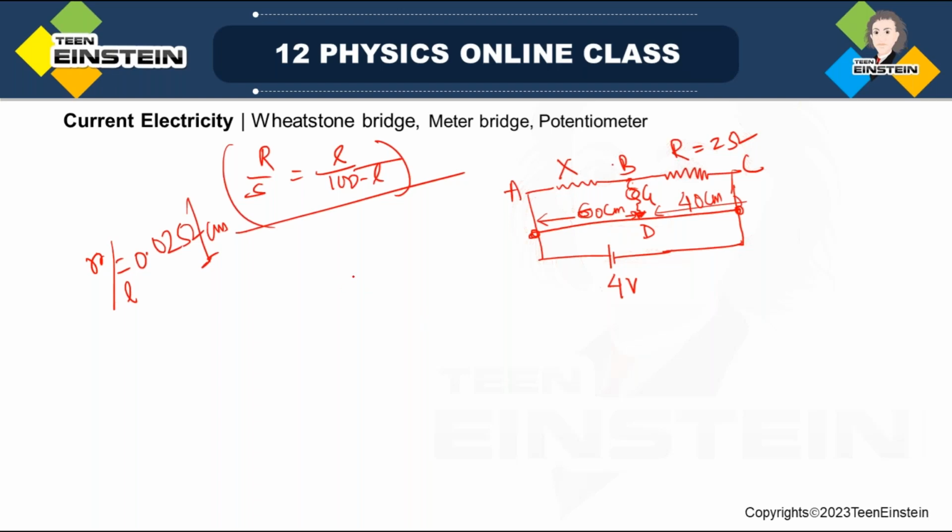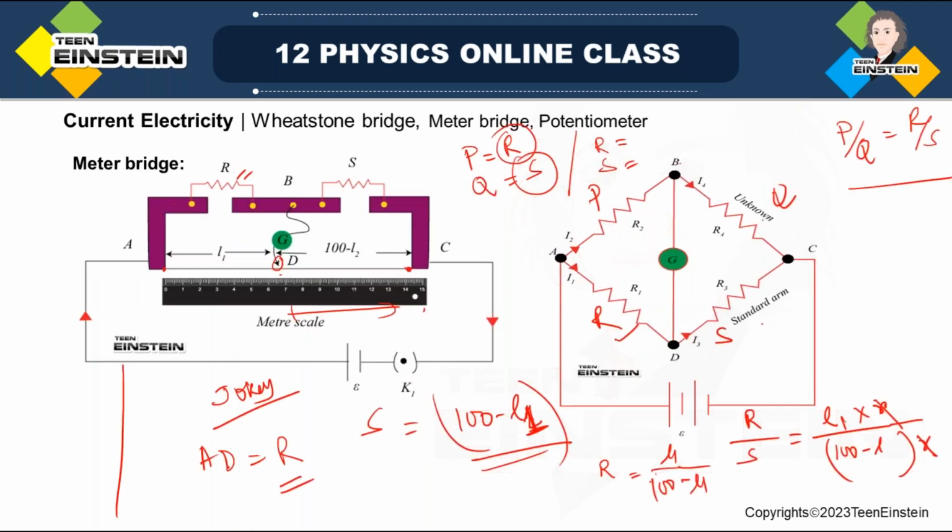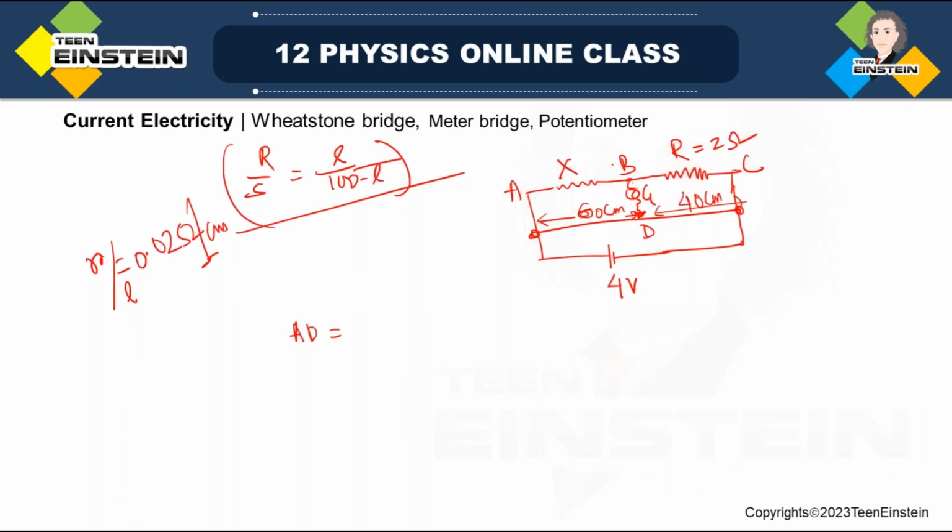Okay, so what will be the resistance of this AD branch? Between A and D will be R. So R is equal to 60 centimeter into the resistance per unit length.